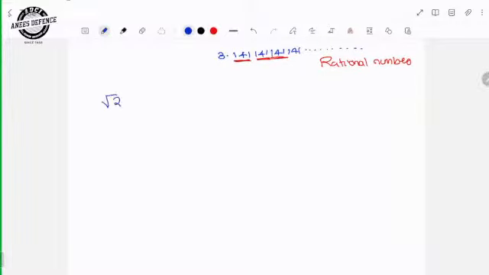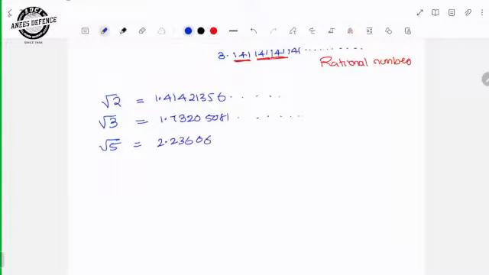The value of root 2 is 1.4142135 like that. Value of root 3 is 1.73205081 like that. Root 5, 2.2360678 like that.